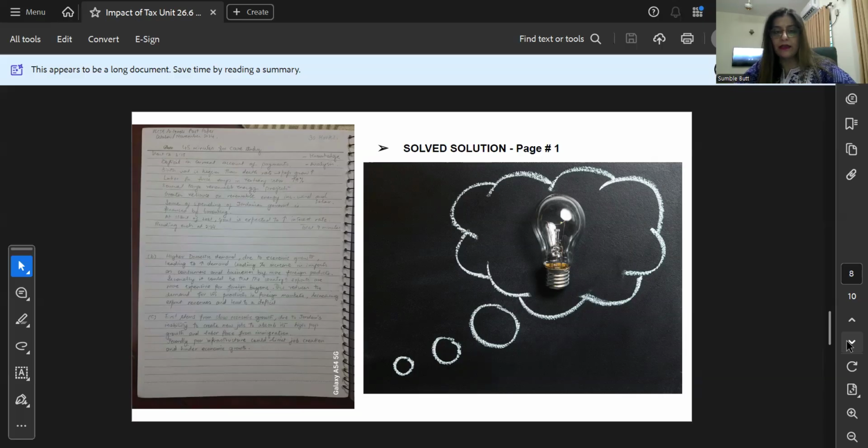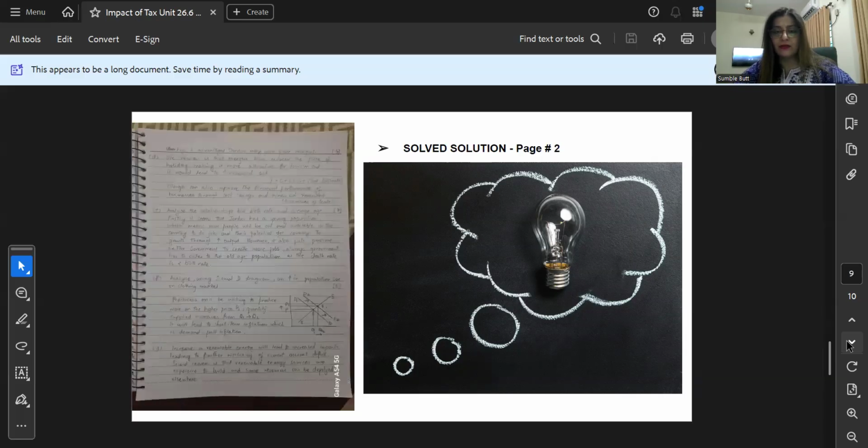And in next page, which is page 2, there is part D, C, E, F, and G. And part F shows the demand and the supply curve, showing an increase in population size, having an impact on the clothing market.